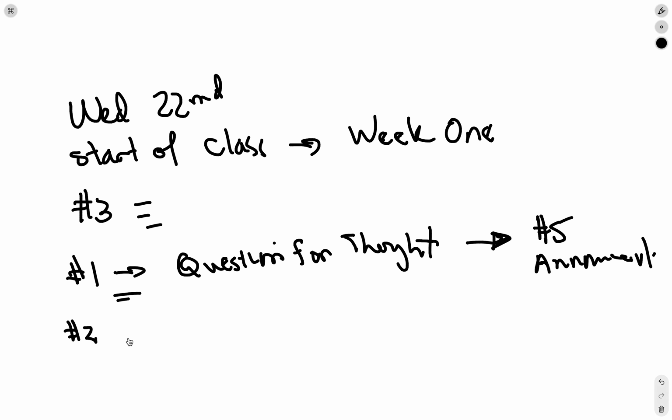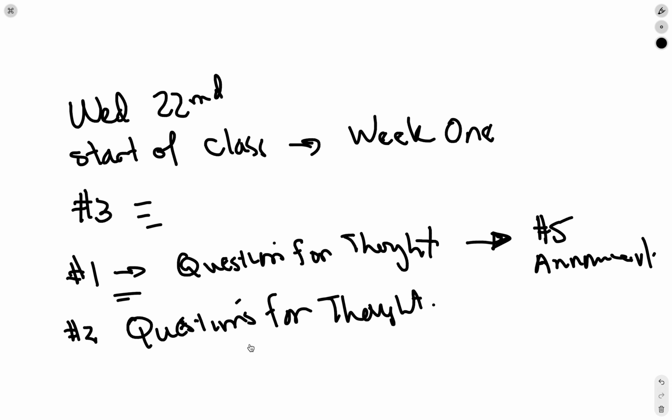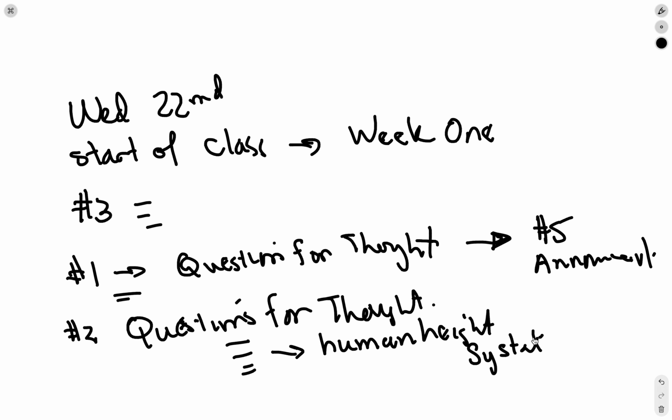And then for Unit 2, also do the questions for thought. Unit 2 has got a lot of reading in it, and it includes stuff that we don't need to do. So for example, there is in Unit 2 some human height data that uses a computer program called Systat, and we don't have to do that.